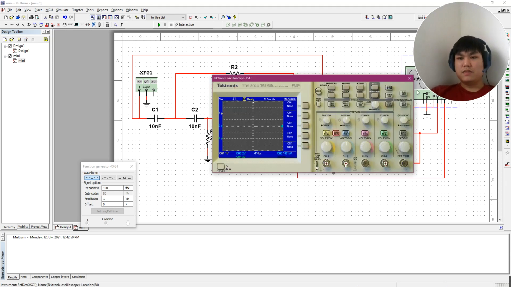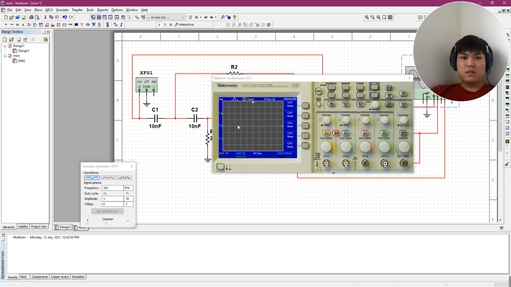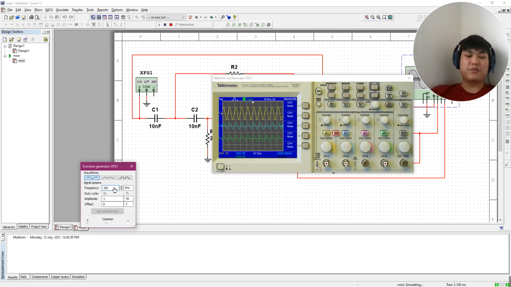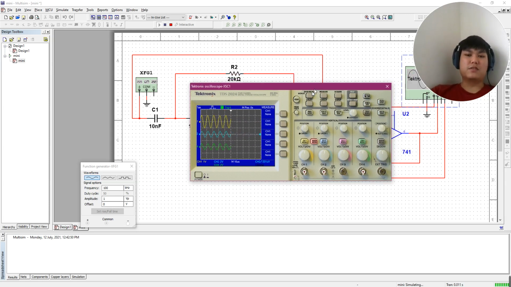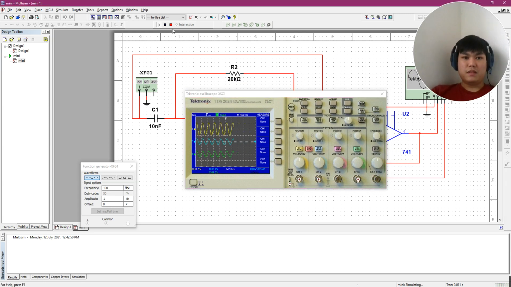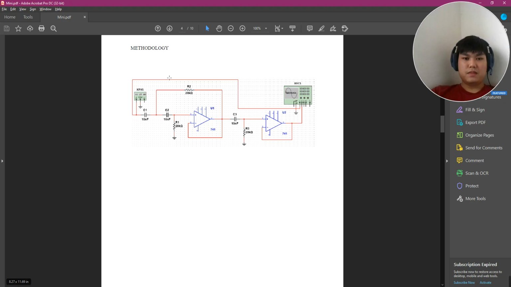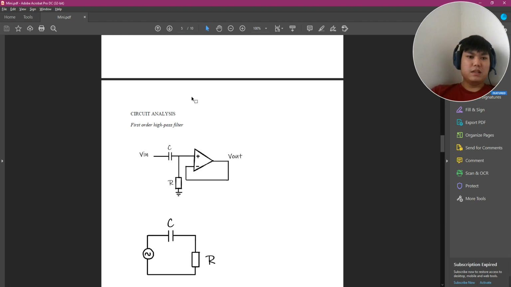When running the simulation, all we need to do is change the input frequency. Right now it's set to 100k. I just measure the peak to peak voltage of the output, since the input is theoretically constant all the way. So let's continue with the circuit analysis.